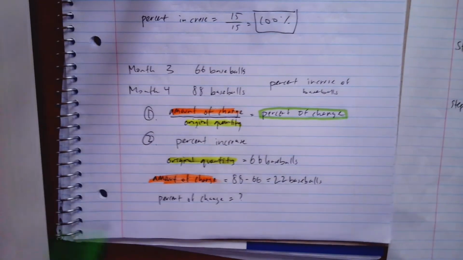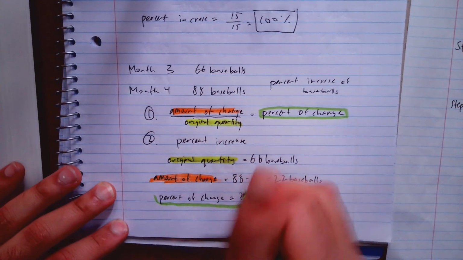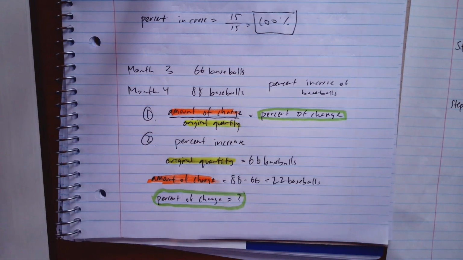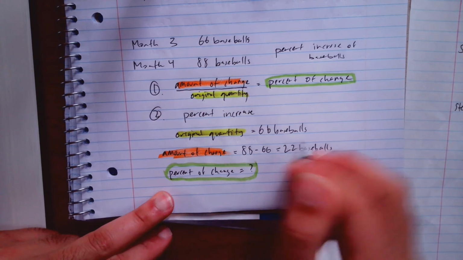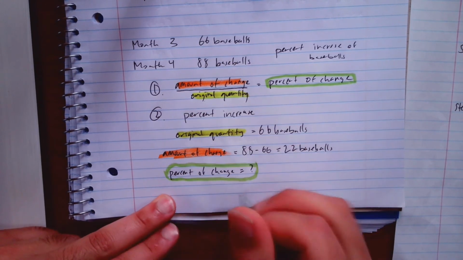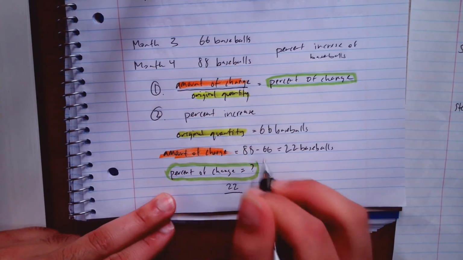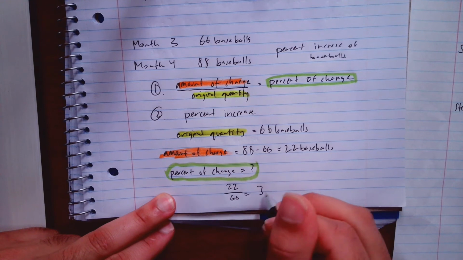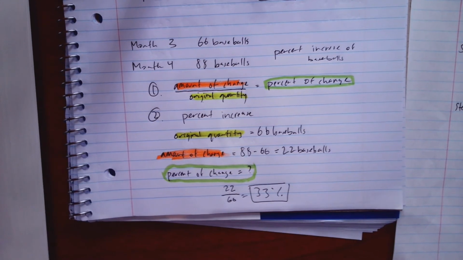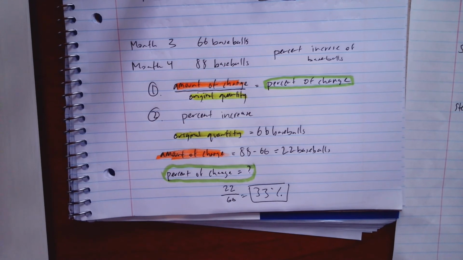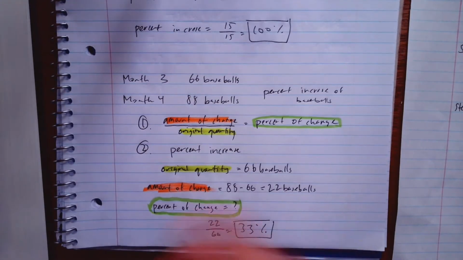And just to make sure, we're going to write that percentage change down just so we know that's what we're solving for. So what you did is you did the amount of change, our orange number here, plugged it in, so 22 divided by 66, and that equals 33%. Perfect, and that's the exact answer that I got. So do you have any questions about this process so far?